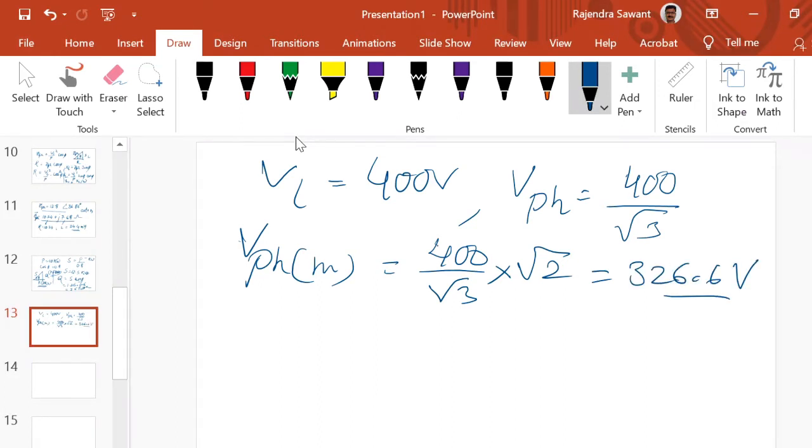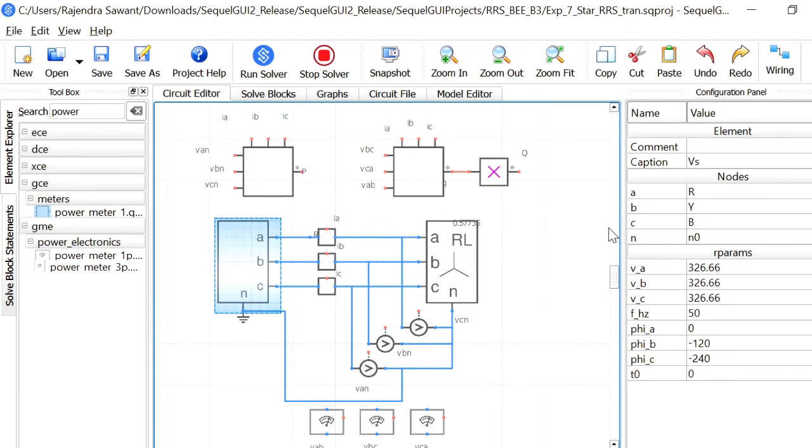This is how we have chosen 326.67 in this property, and for a balanced system they are all equal. Then we have mutual phase differences of 0, minus 120 degree, and minus 240 degree, the frequency is 50 hertz, and the delay time is 0. So this is how we configure the star connected source.